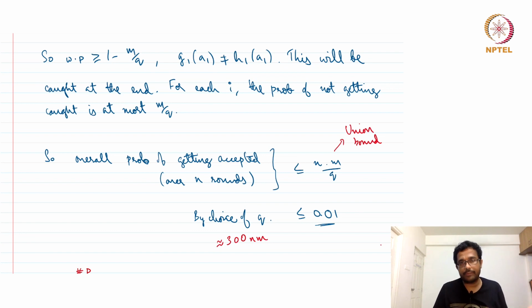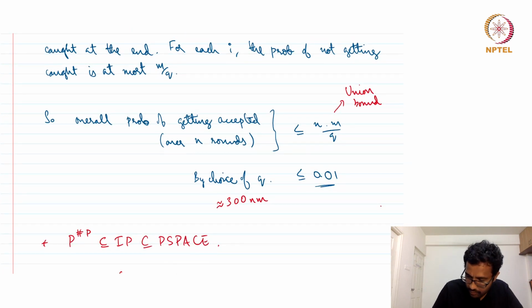Only then can the prover succeed. When the number of satisfying assignments is not k, what is the probability that the prover gets successful? It is something like 0.01. So this is very close to 0. So the soundness is good here. It is less than one third or whatever as per the definition, right?